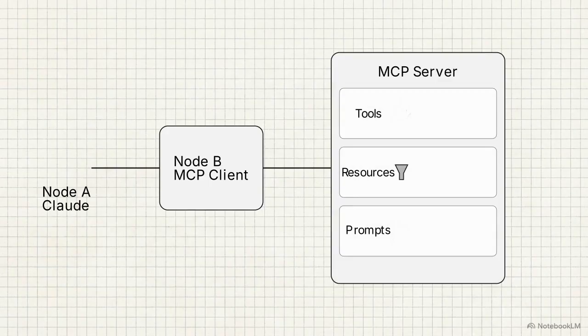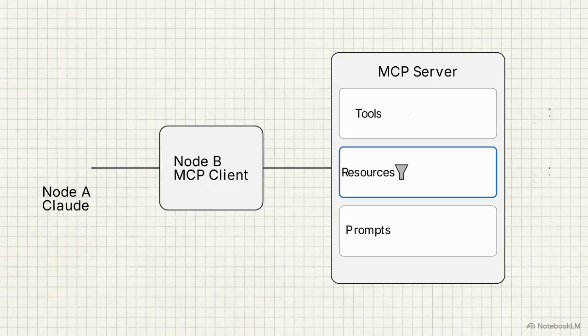Inside the MCP server, capabilities are exposed back to the client through three distinct Python primitives: tools, resources, and prompts. Tools are executable functions. They allow the server to actively perform actions on behalf of the client, like executing a database query, running a script, or automating a web browser. Resources provide read-only data exposure. They allow the server to pull specific files, like system logs or documentation, and format them for the client, without granting the model any execution privileges.